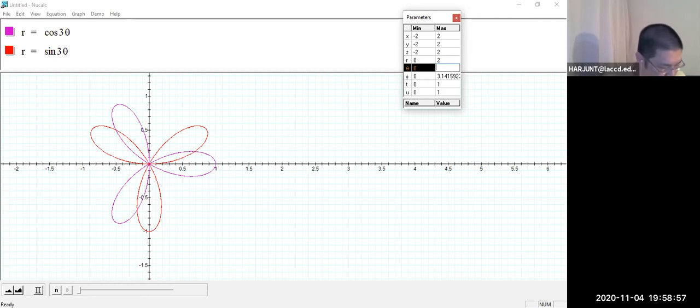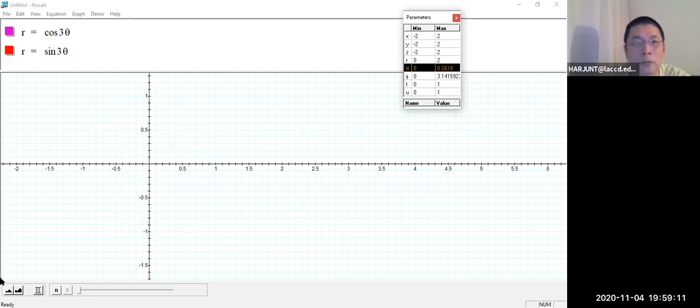I need the numerical value of pi over 12. 0.2618. Let's see. Where is that? Oh, that's the first time they actually hit each other. Remember, it's supposed to look like this, right? So that's the first time they hit each other.